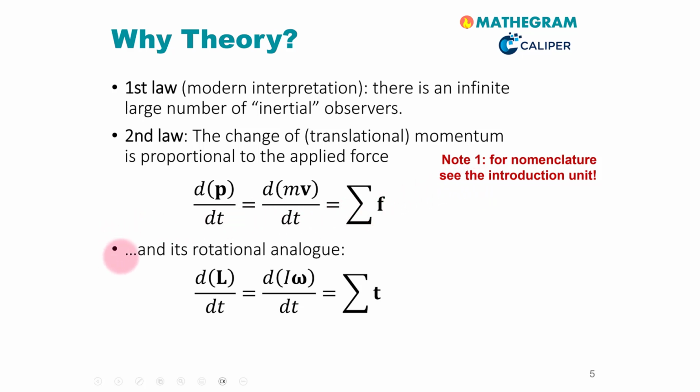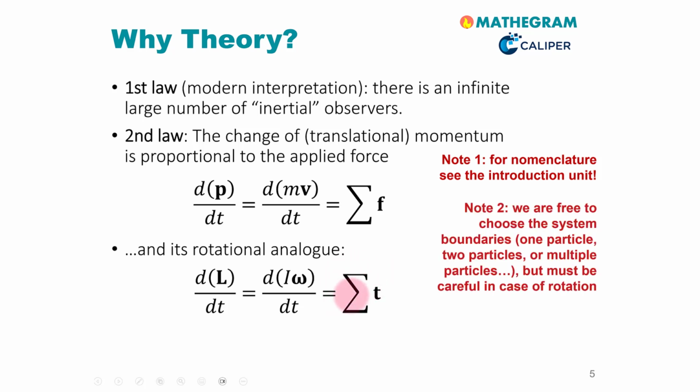Important, there's also the rotational analog to this equation that you may have learned already in high school, which says that the change of the rotational momentum, capital L here, which is a vector again, is proportional to the sum of all torques, in this case acting on the body. Please note that we are free to choose the system boundaries.